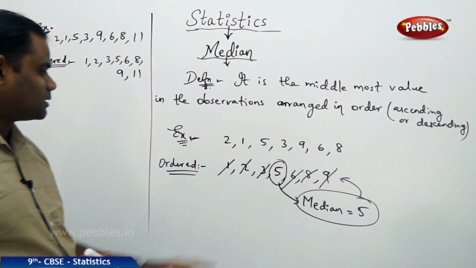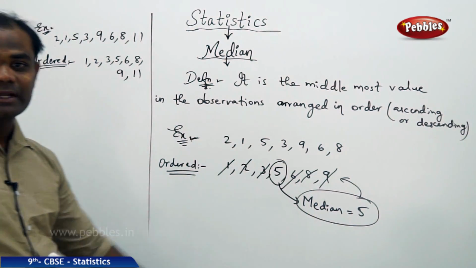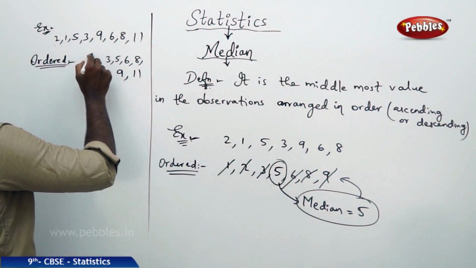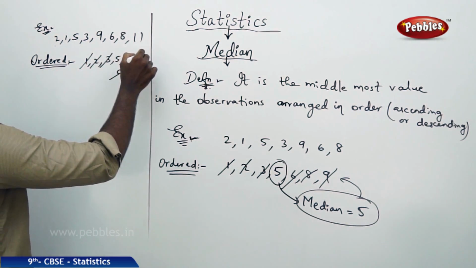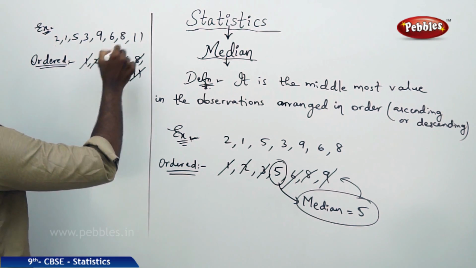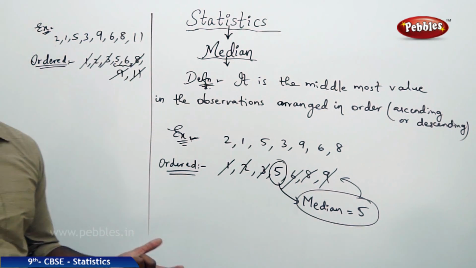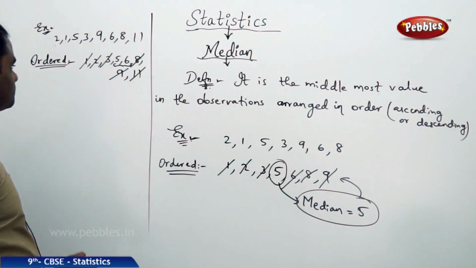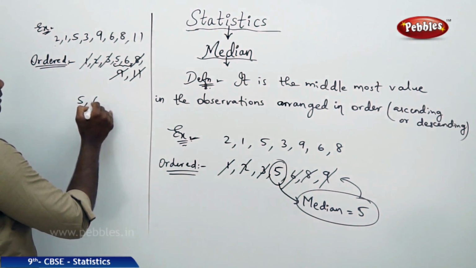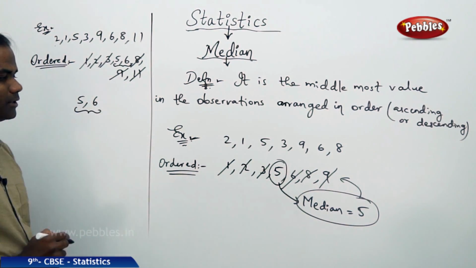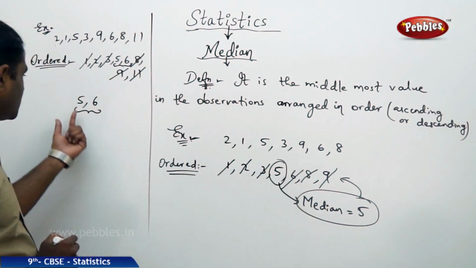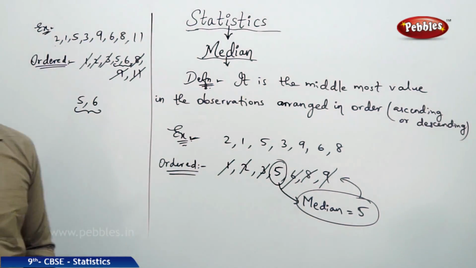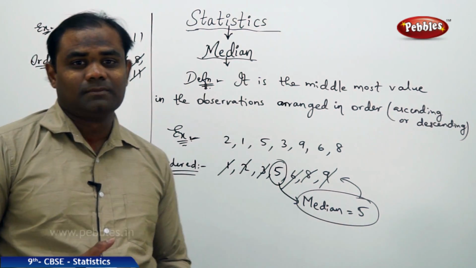Now let's pick the middle term by using the concept of striking off the first and last. The first and the last, second and second last, third and third last, but I cannot strike both, then there's no median existing. So here I have 2 terms which are tied. Earlier there was only one term and hence median is 5. But in this case I have 2 terms or 2 observations. What is the median?